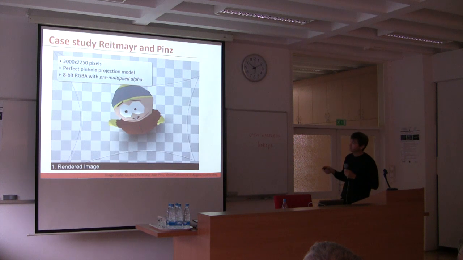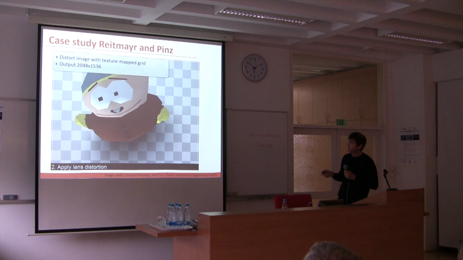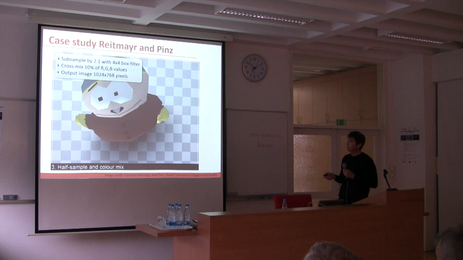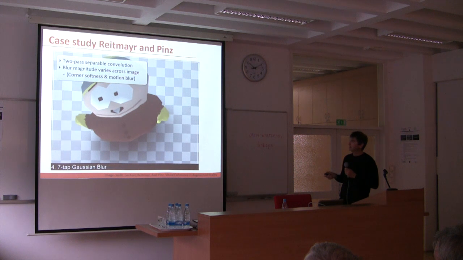Now we will see step by step how this happens. The first step is to apply the lens distortion. Then we do some sub-sampling of these graphics. And we also mix some colors. Then we apply some Gaussian filters, some Gaussian blurring.